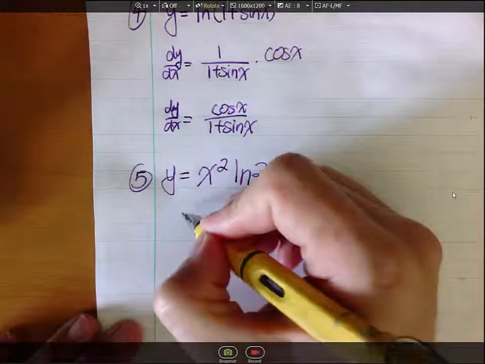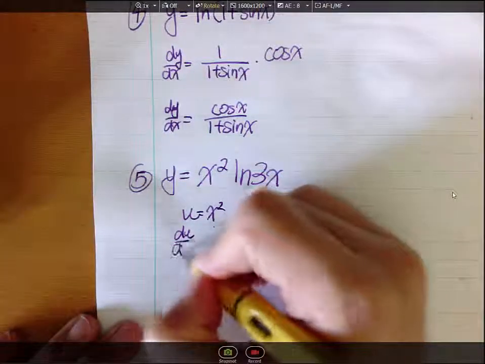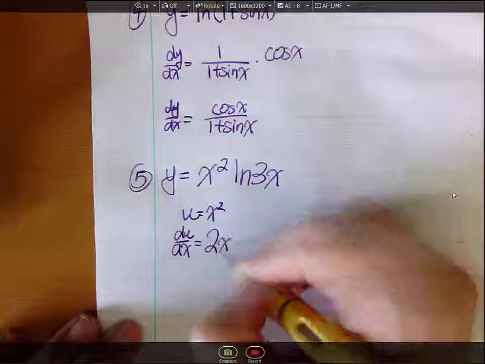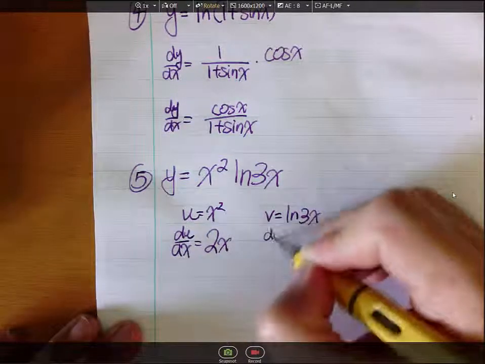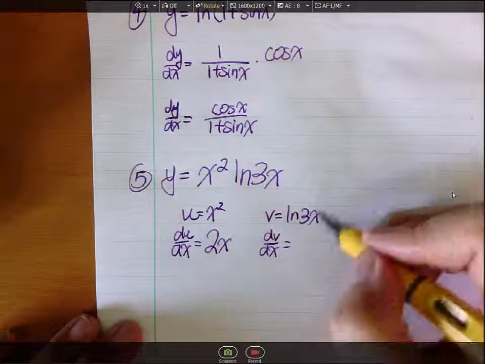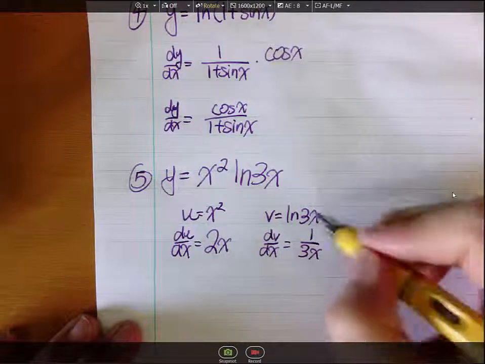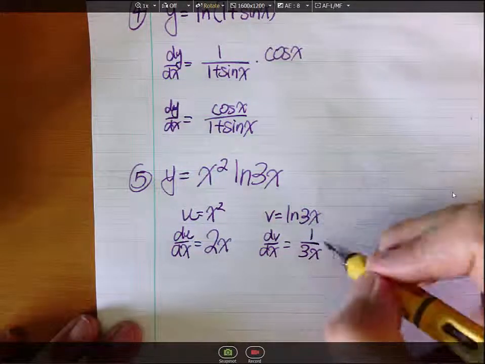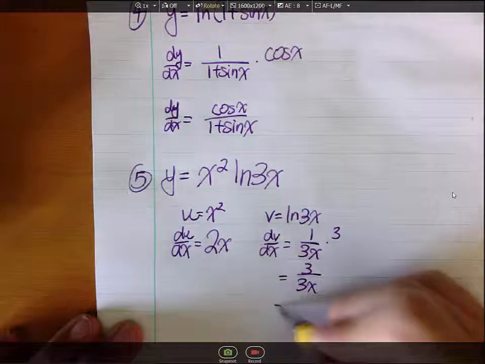Product rule: u equals x squared, differentiating u with respect to x gives me 2x. If v is ln 3x, differentiating v with respect to x, first I take the inverse, which is 1 over 3x. Differentiate what's inside, 3x gives me 3. That's why I get 3 over 3x, which equals 1 over x.